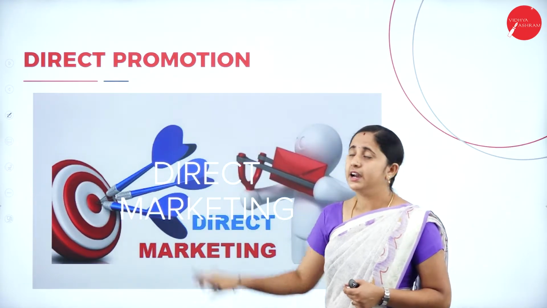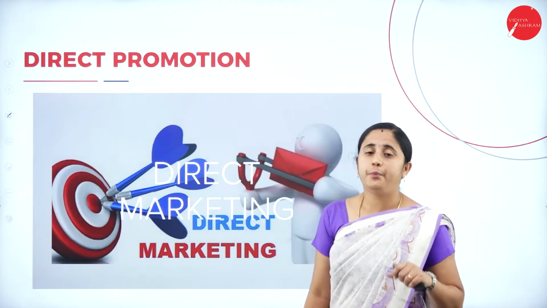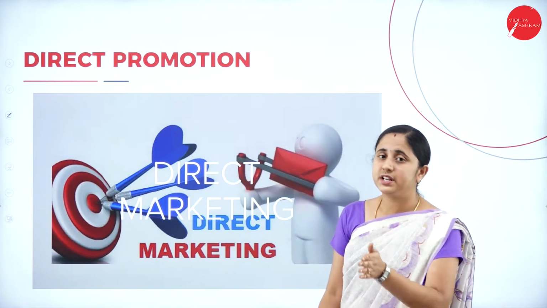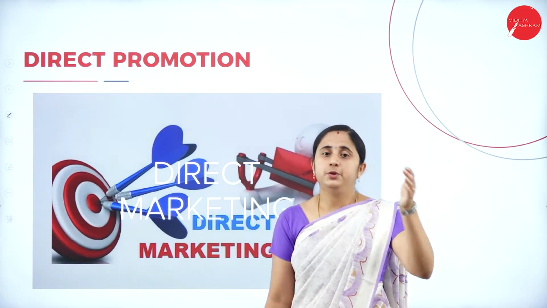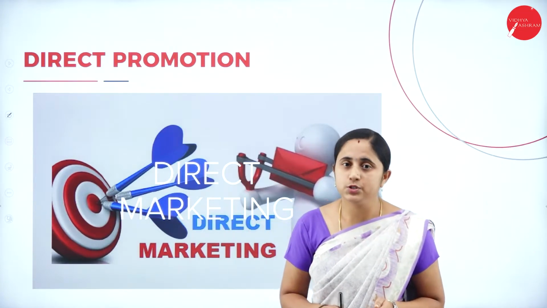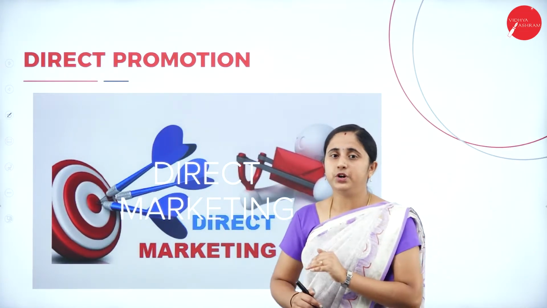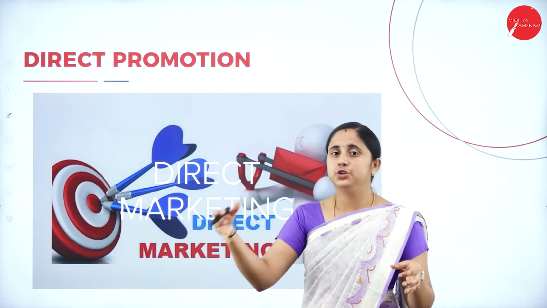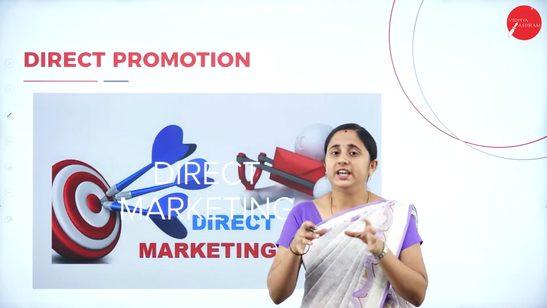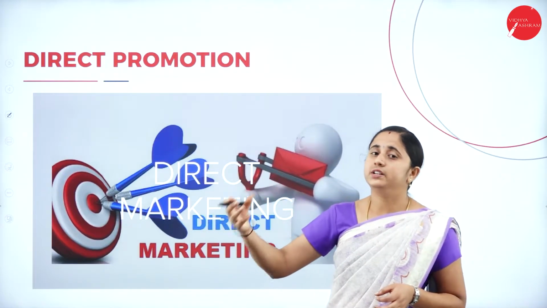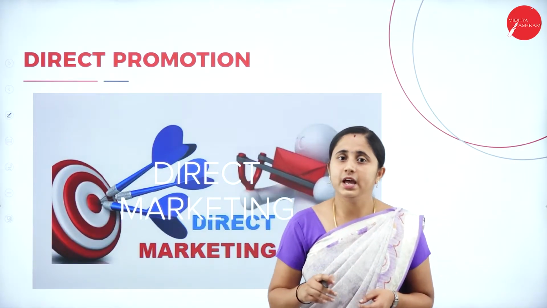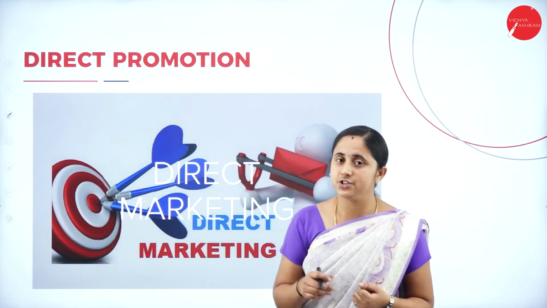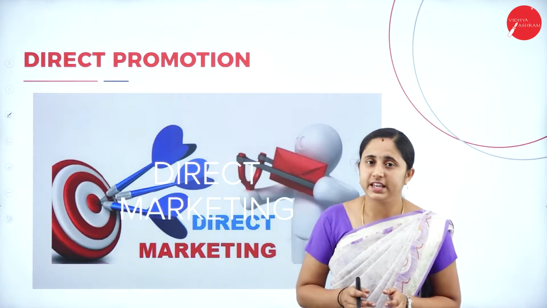So under direct promotion, you need to appoint sales representatives who act as a middleman between the manufacturer and the consumers. They play an important role in reaching the goods to the final consumers. The sales representatives directly collect information from the consumers, and the organization can utilize this information to make the necessary changes.